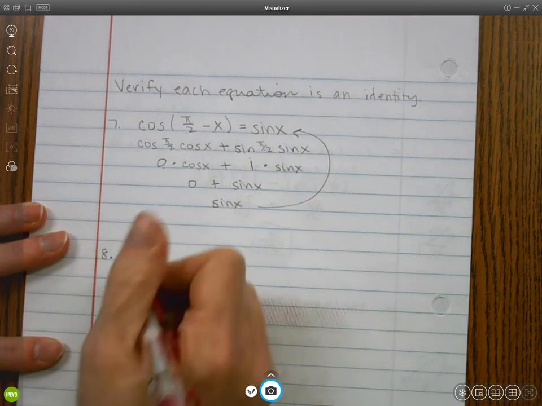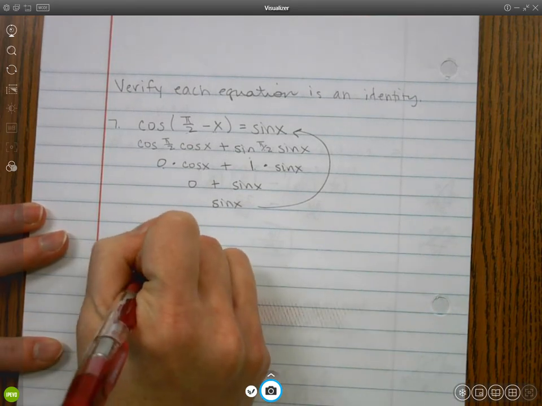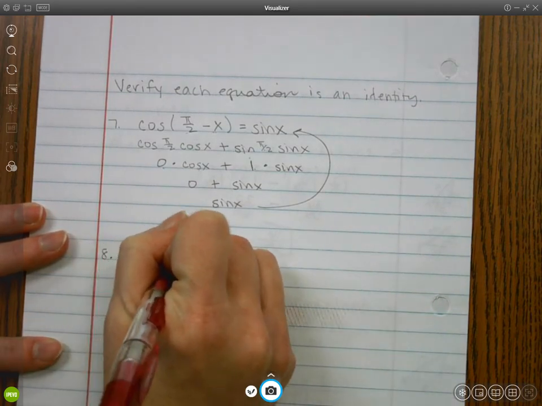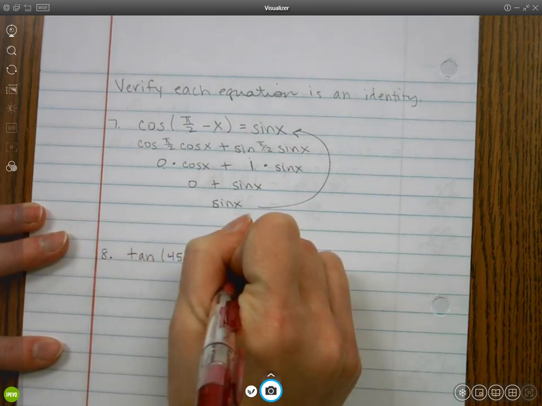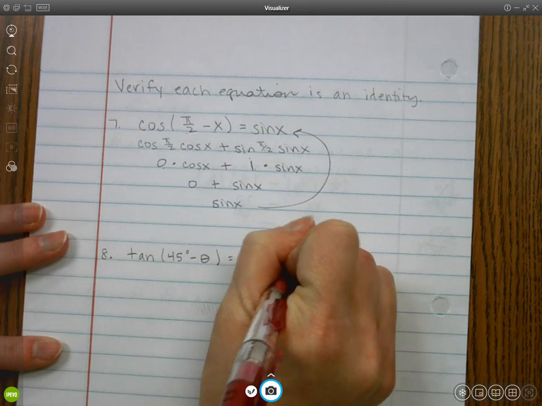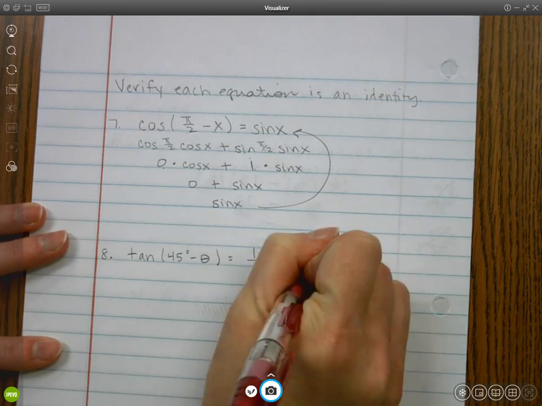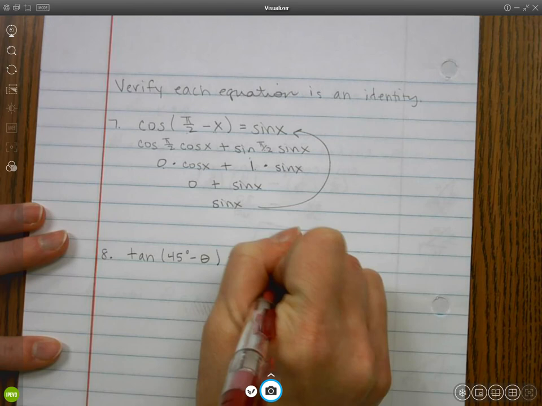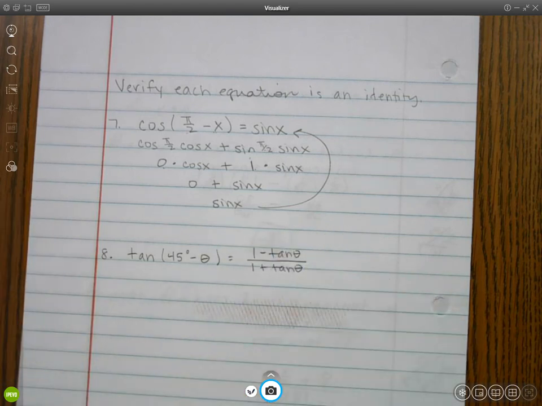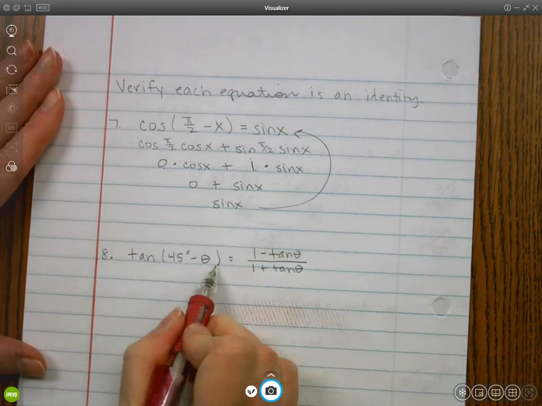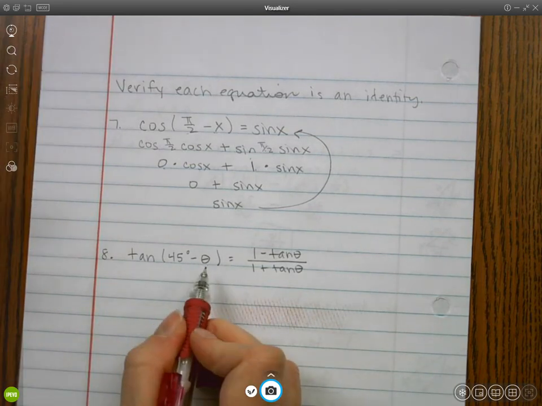All right, number 8. So the verify, when it comes to sum and difference identities, is really not that bad. But again, tangent is its own little beast. So let's see how you like it. All right, so this is what they give us. So we're going to take this side that looks like the sum or difference identity and expand it.